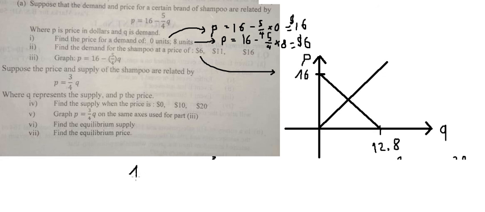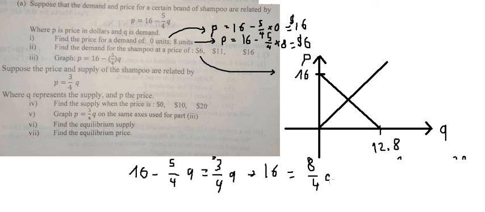That should be 16 minus 5 over 4 Q is equal to 3 over 4 Q. So we put this one on the right, and you get 8 divided by 4. So 8 divided by 4, you get number 2. 16 divided by 2, you get 8.